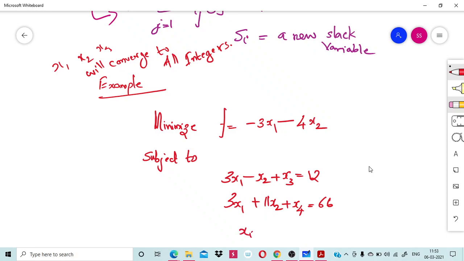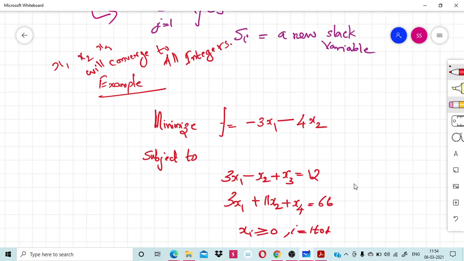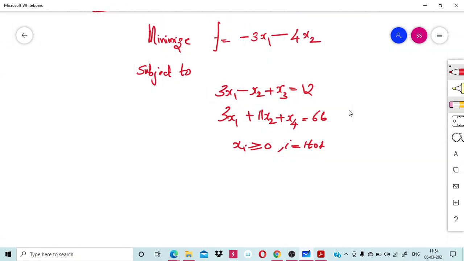Then xi greater than or equal to 0, i varies from 1 to 4, and all xi are integers. If you meet with this statement, then you can conclude that this is a linear integer programming problem, so you can solve by Gomory's cutting plane method.